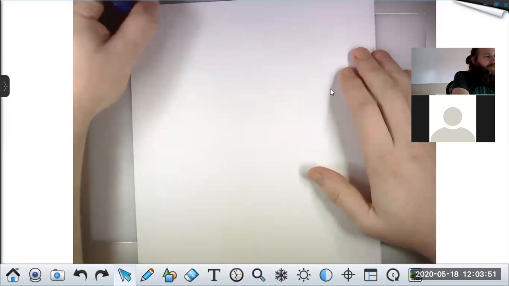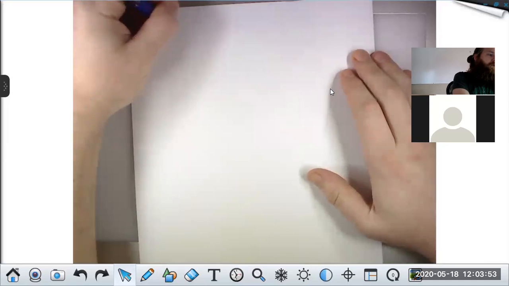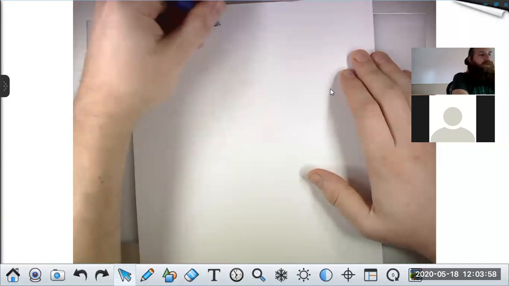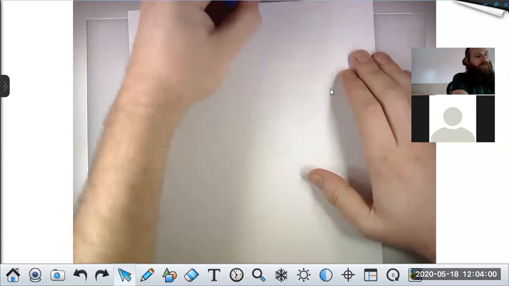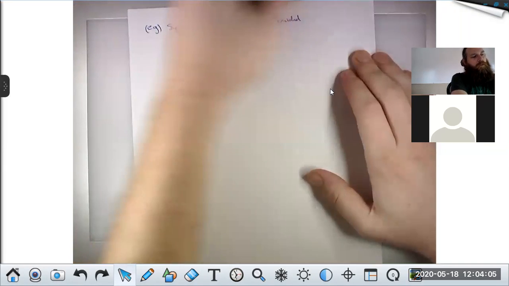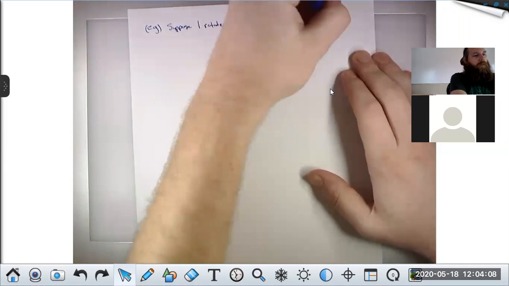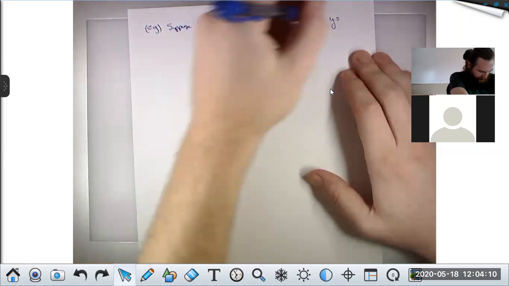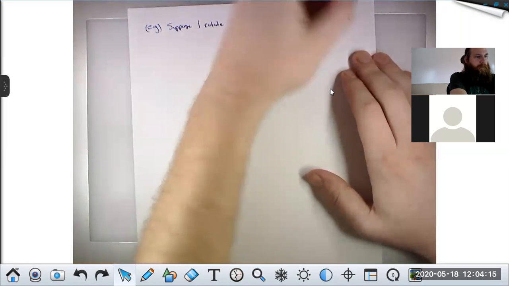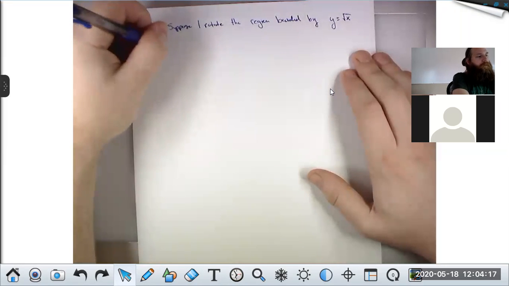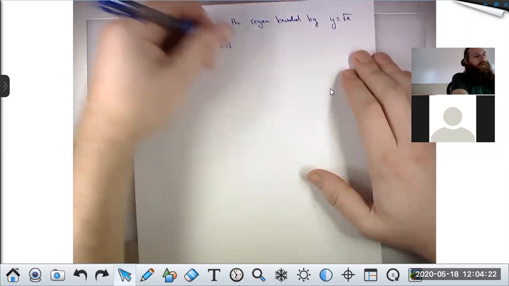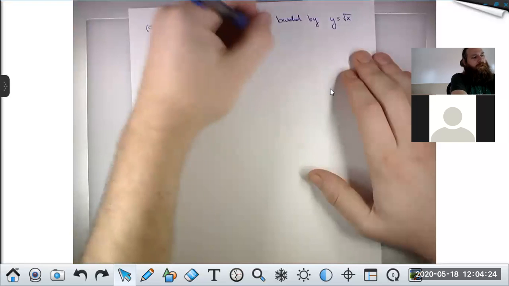So suppose I rotate the region bounded by y equals the square root of x from x equals 0 to x equals 1 about the x-axis.